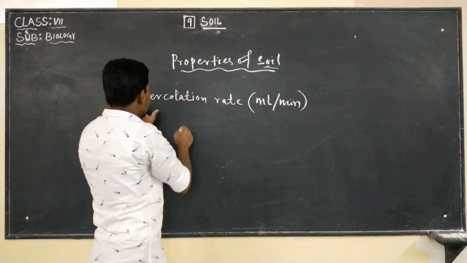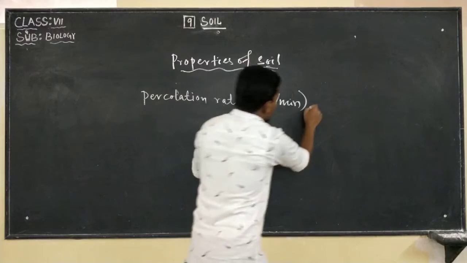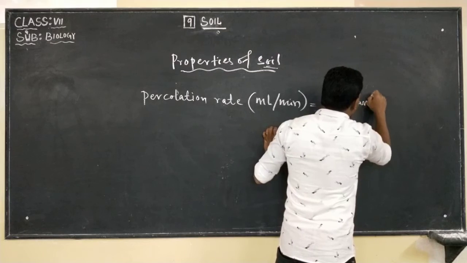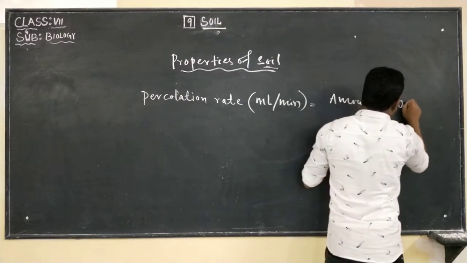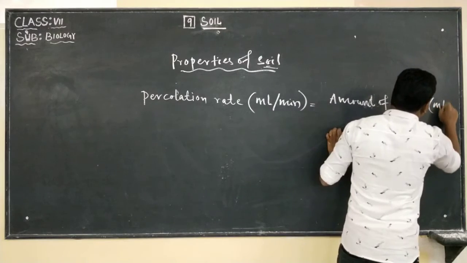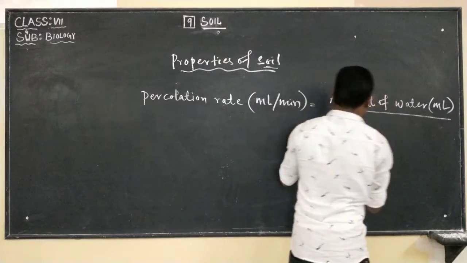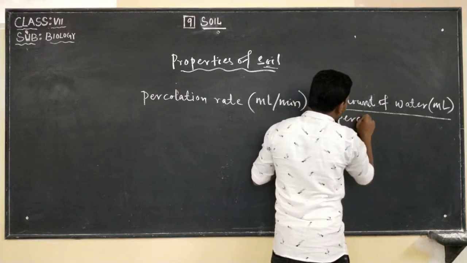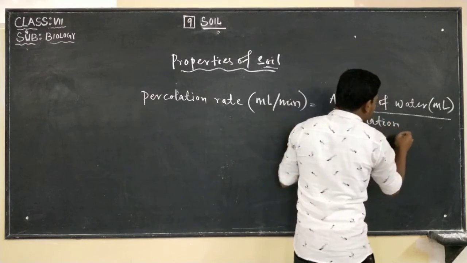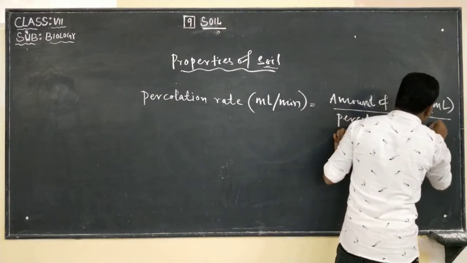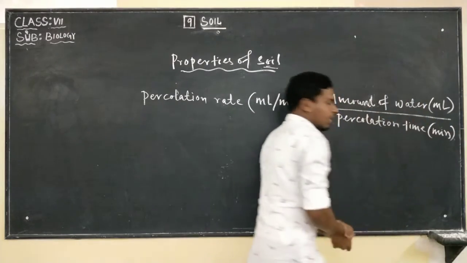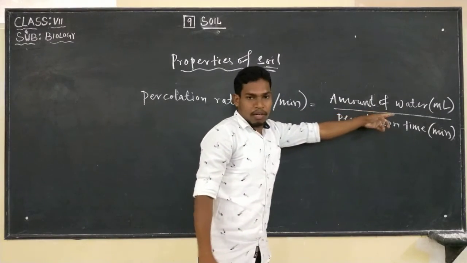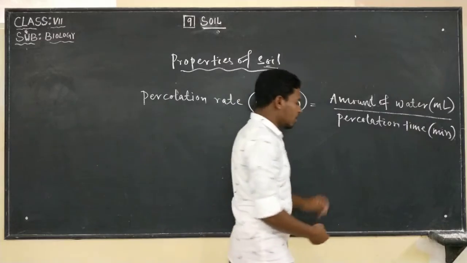So percolation rate equals the amount of water in ml divided by percolation time in minutes. So this is the formula. Percolation rate equals the amount of water upon percolation time.